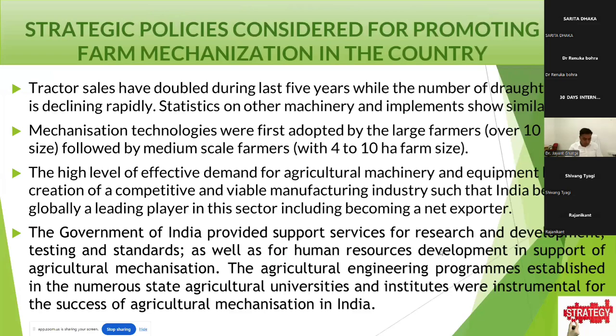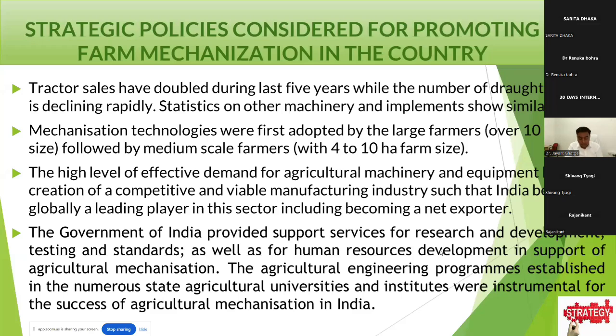If we think about the future of farm mechanization in India, there should be different strategic policies considered for promoting farm mechanization in our country. For the implementation of these policies, there are some challenges, and some potential solutions are also available.